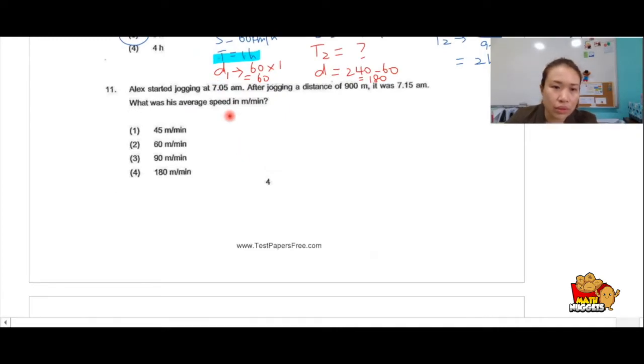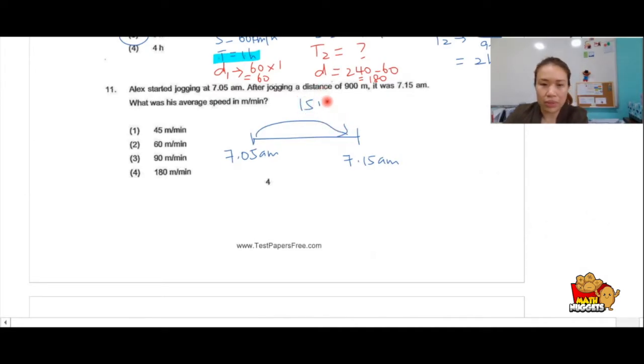Question 11. So Alex started jogging at 7:05 a.m. After jogging 900 meters at 7:15 a.m. He jogged for 10 minutes. 15 minus 5 is 10 minutes.